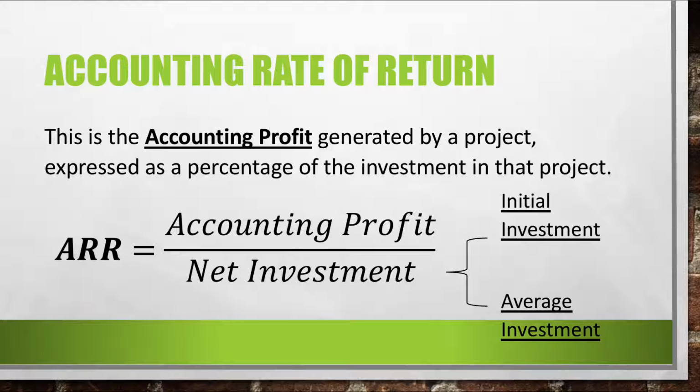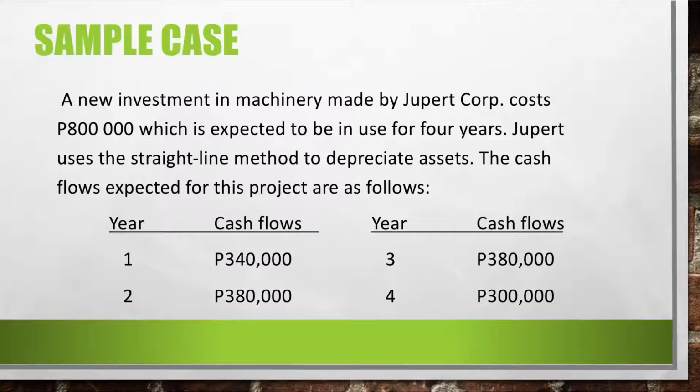The formula for the ARR is ARR equals accounting profit divided by the net investment. The net investment can mean the initial investment, that is year zero investment, or the average investment throughout the life of the project. To deal with the calculation of the ARR, let us proceed to the following sample case.